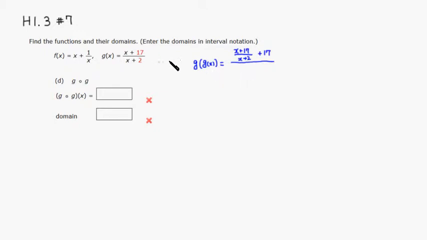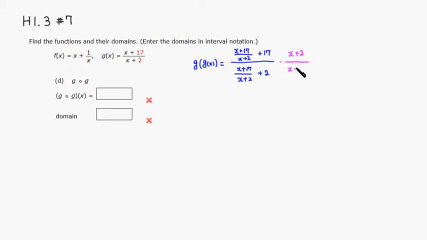Then you have x plus 2, so x becomes x plus 17 over x plus 2, then plus 2. This looks pretty ugly, so what we can do is multiply top and bottom by x plus 2.